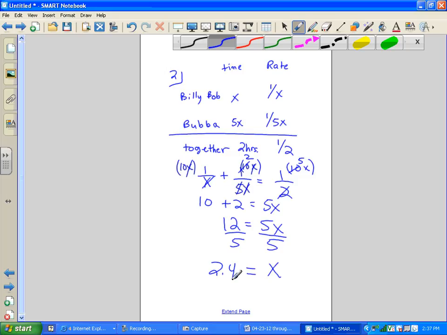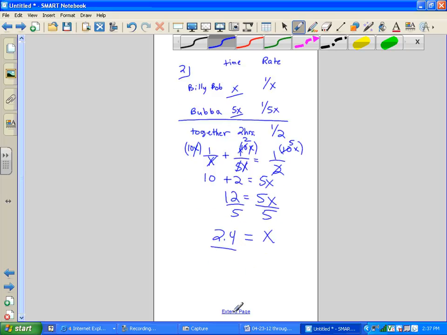Now, let's sort of answer the question. Let me go back and see what the question asked here. So it said, how long would it take Bubba to paint the camp by himself? So 2.4 hours doesn't represent Bubba, but that represents how long it would take Billy Bob. So Bubba takes 5 times as long.